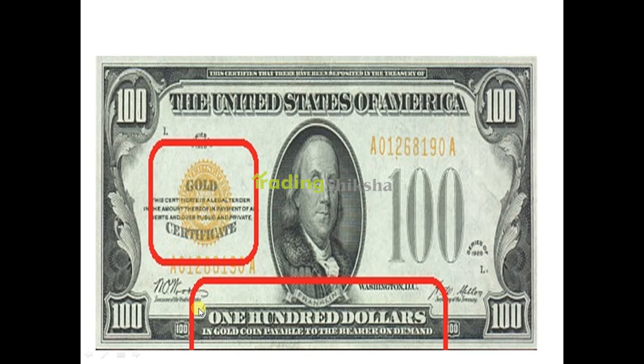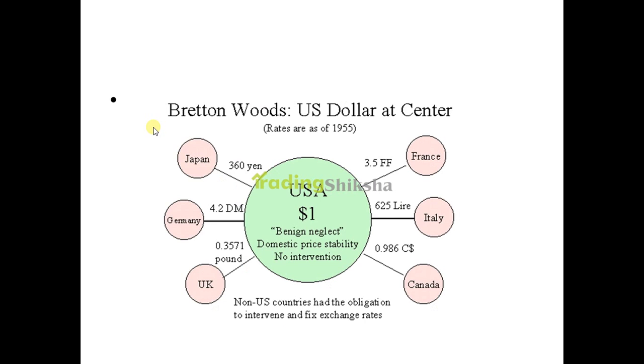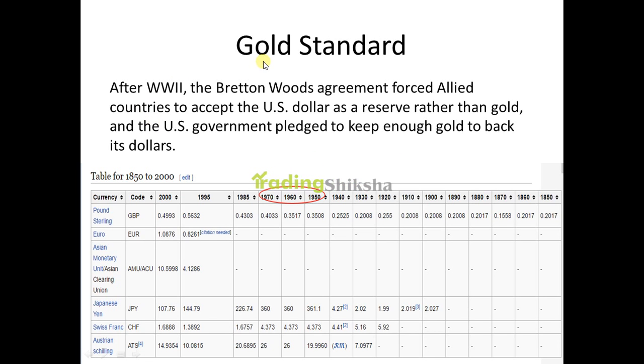So since the dollar was backed by gold, people maintained confidence in dollar and the strength of dollar was maintained. One more thing, due to this gold standard, any country could only print as much currency as it had gold.